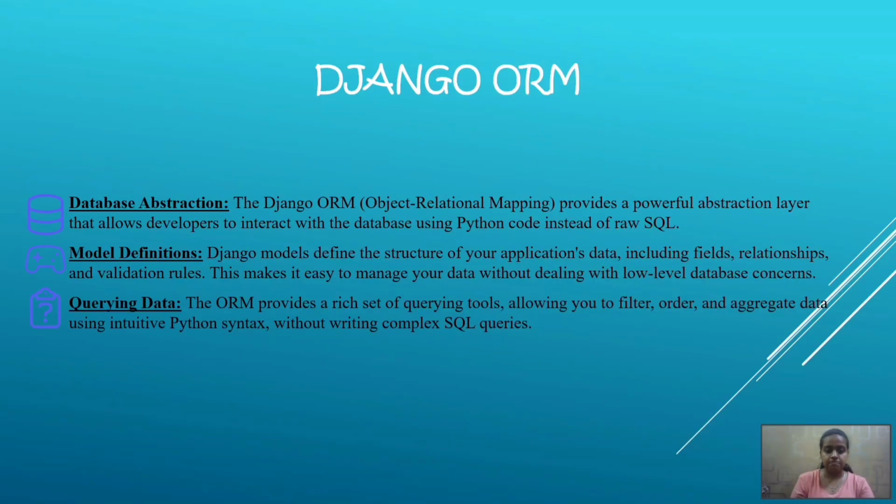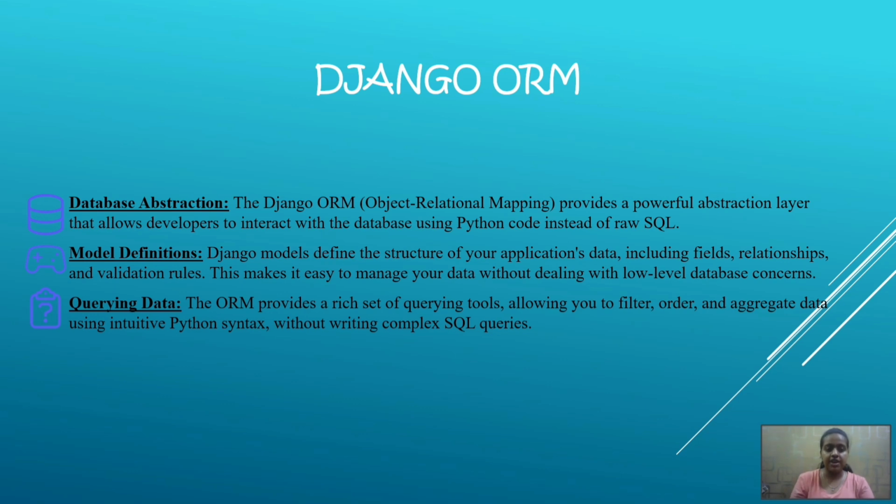Django ORM. Django's object relational mapping system, a fundamental component that bridges the gap between the database and the application's code. Database abstraction. The Django ORM provides a powerful abstraction layer that allows developers to interact with the database using Python code instead of raw SQL. Model definitions.